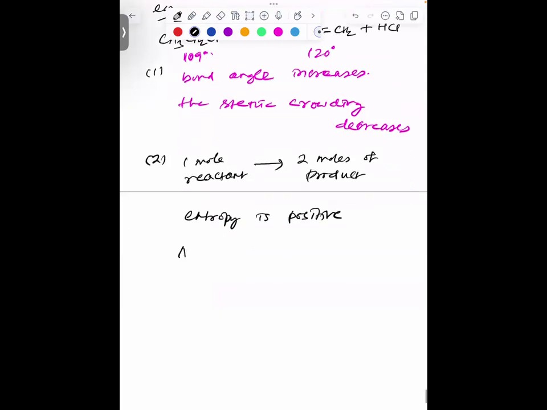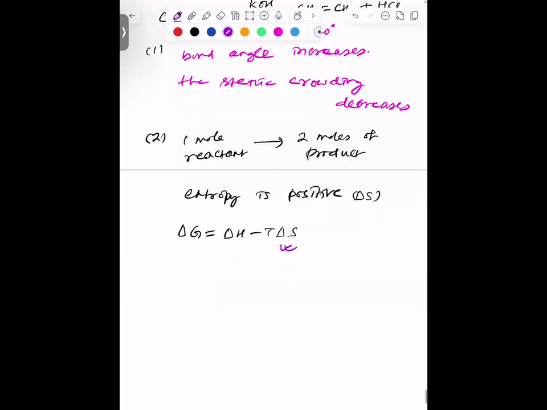We can follow the Gibbs equation. Gibbs equation is delta G equal to delta H minus T delta S. So entropy is delta S. With the increase in the value of entropy, delta S, T delta S will be higher. So if T delta S is higher, then what will happen? Delta G becomes negative.